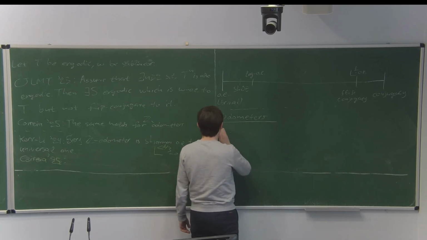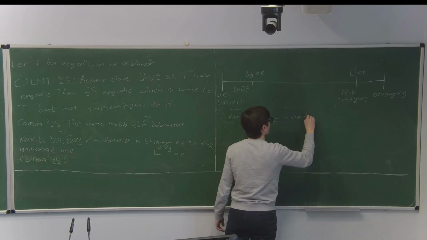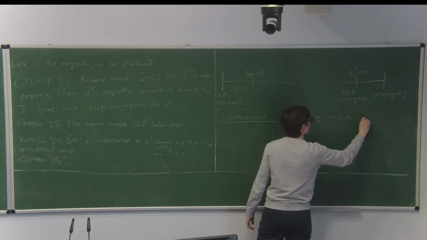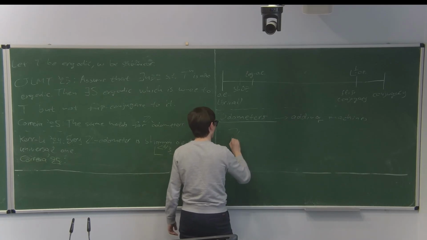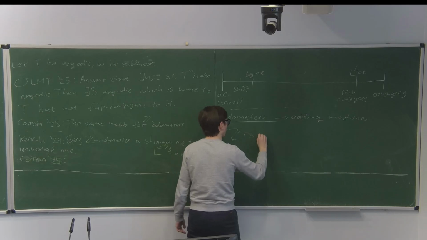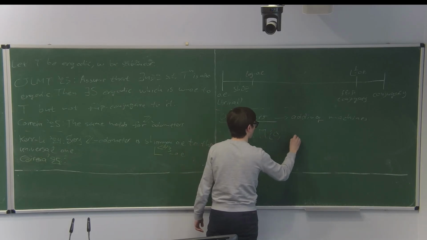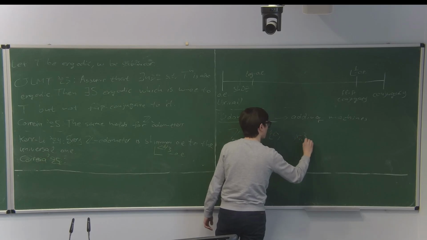So on one hand, they're adding machines. So think of Z acting on, you have here 0 through, let's say, Rn.